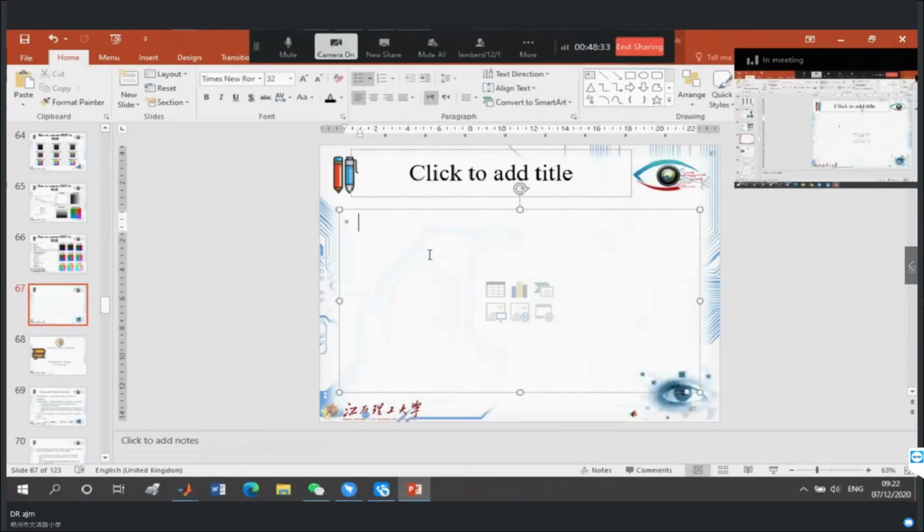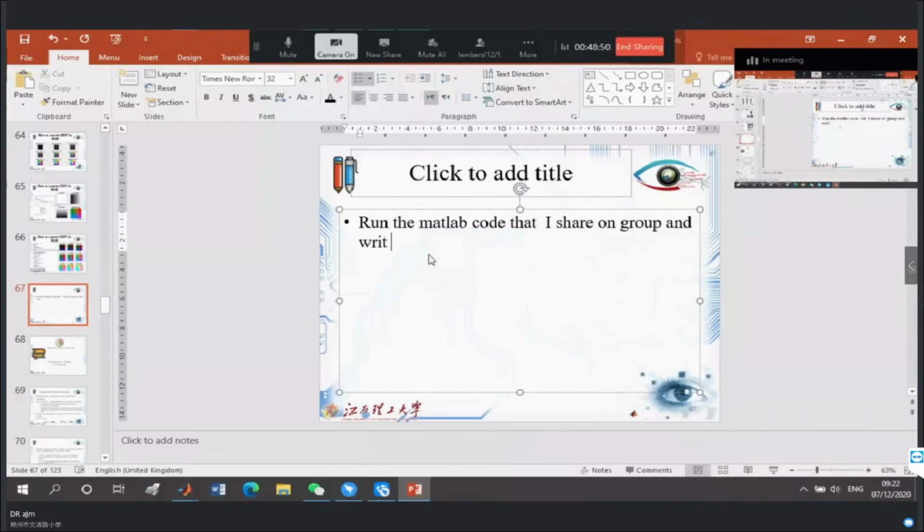What I want is that you run the MATLAB code that I shared on the group and write a note about the result.